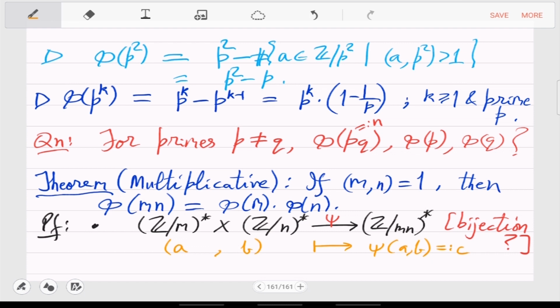So what is that complicated linear combination? N into A, okay, yeah. So that should be clever enough. So what you do is you multiply A with N, B with M, and then add.